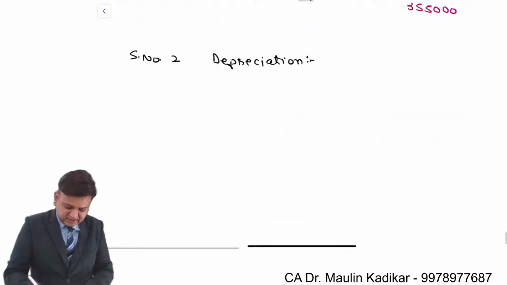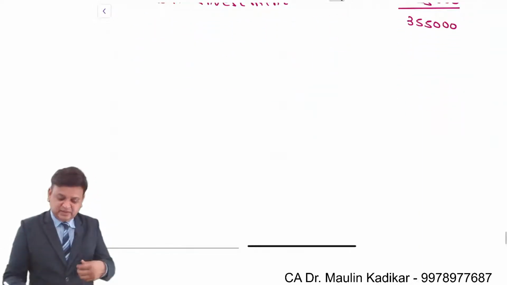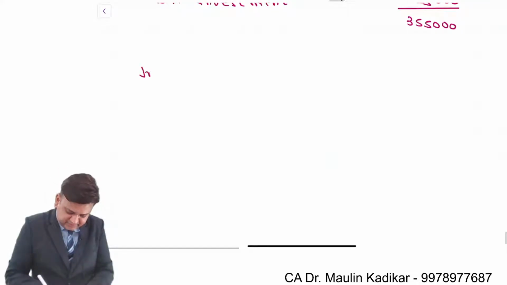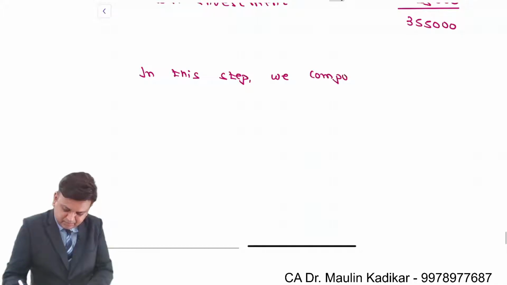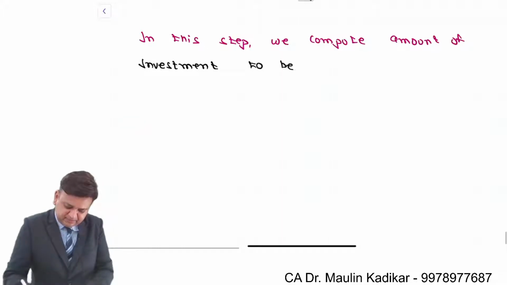Before I dictate step number 2, let us write down a small note for the answer. Investment: in this step, we compute the amount of investment to be made in year 0.